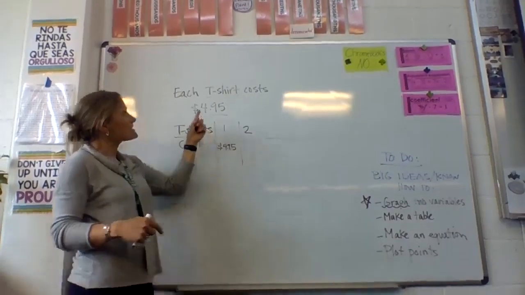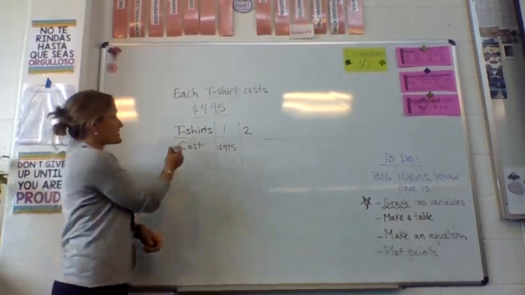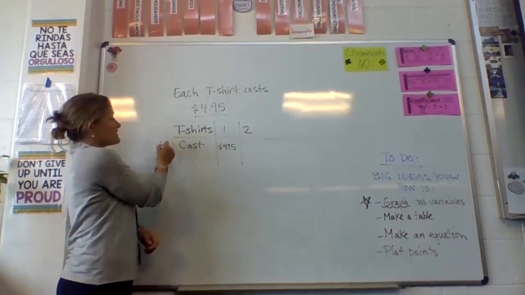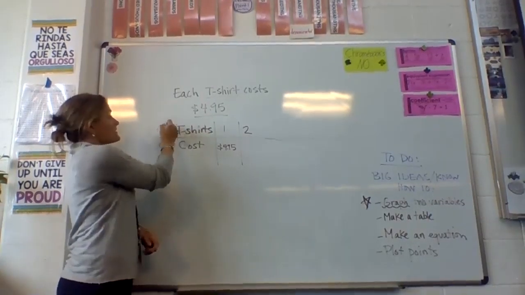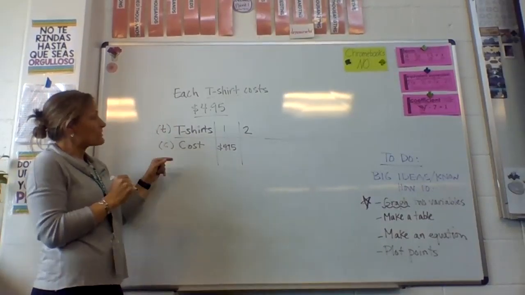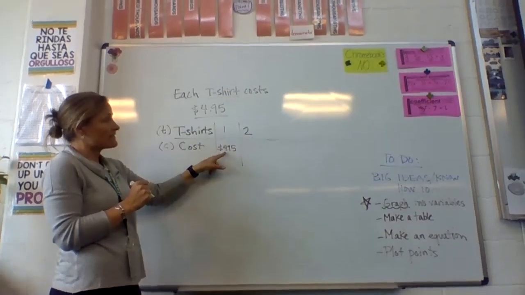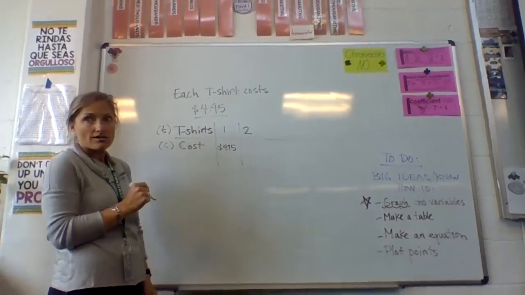So if we were to say the two variables are t-shirts and cost, we could say cost is C and t-shirts is T. Those are our two variables. So we know that the t-shirt T times $4.95 will give us the amount of the cost.